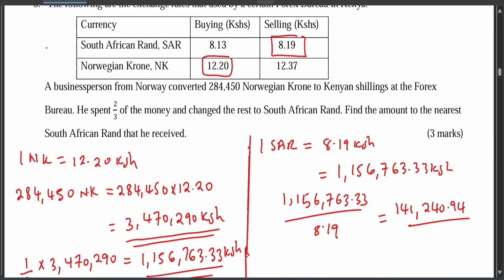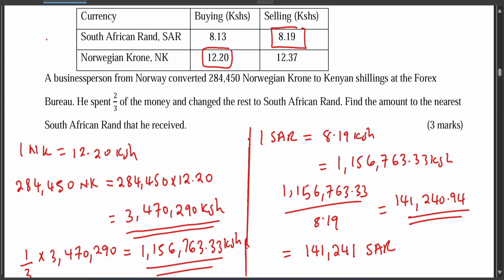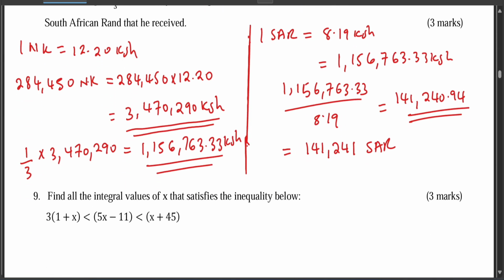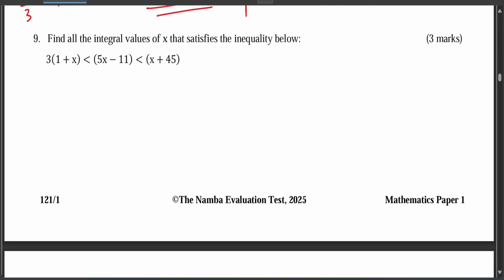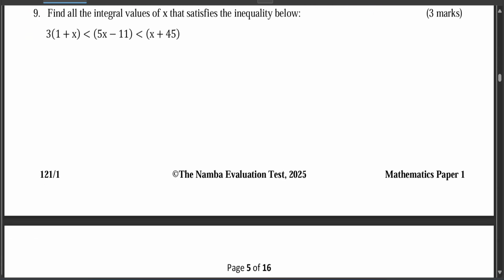But to the nearest South African rand, it should be 141,241 SAR. So write Kenya shillings in your answer, and then you'll know whether you get it wrong or right.